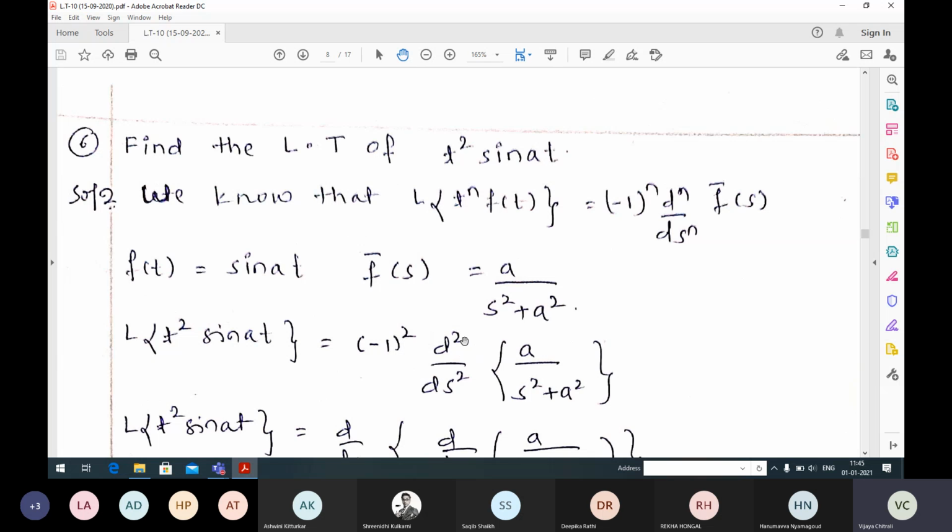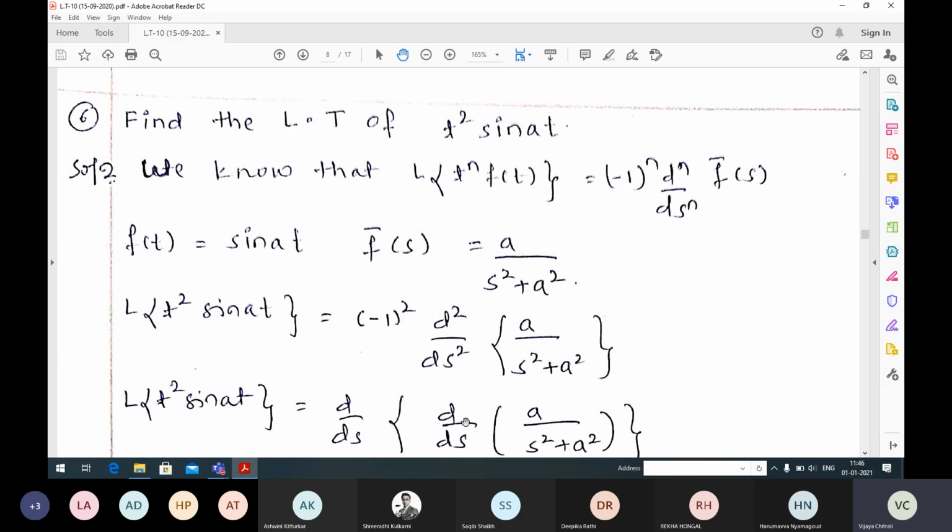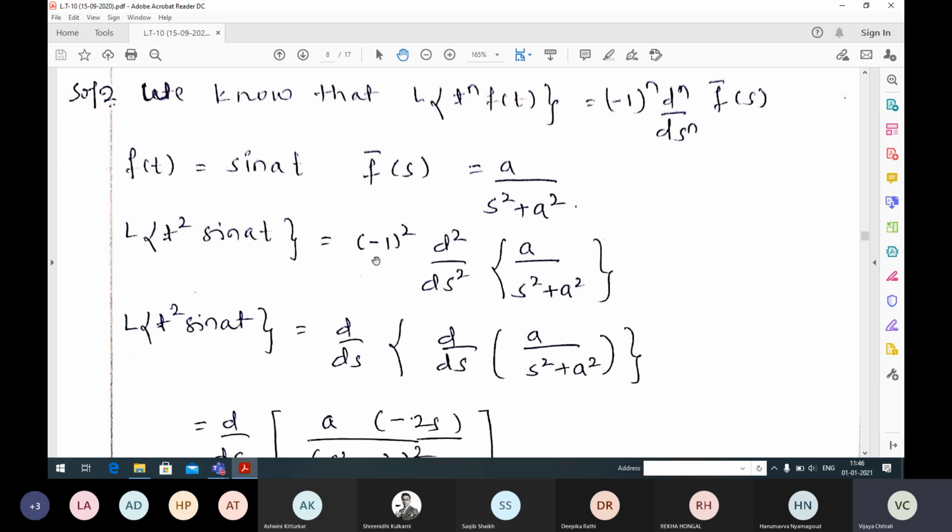Now minus 1 raised to 2 means multiplying minus 1 two times. Multiplying minus 1 an even number of times gives plus 1, and an odd number of times gives minus 1. So 2 is even, and we get plus 1.